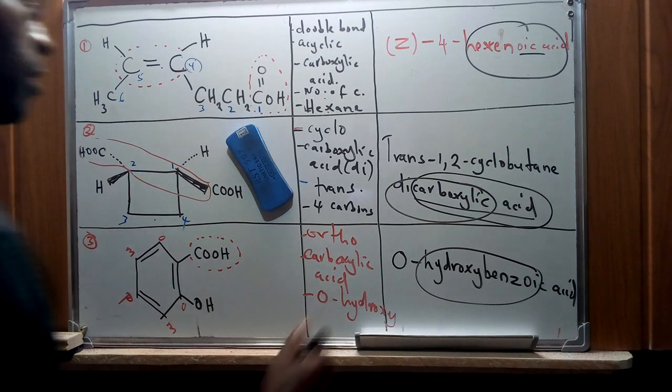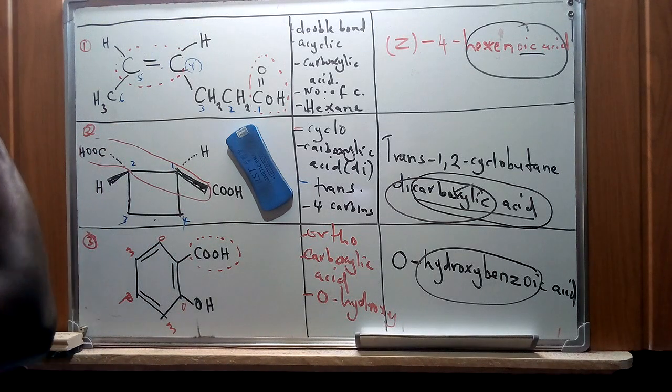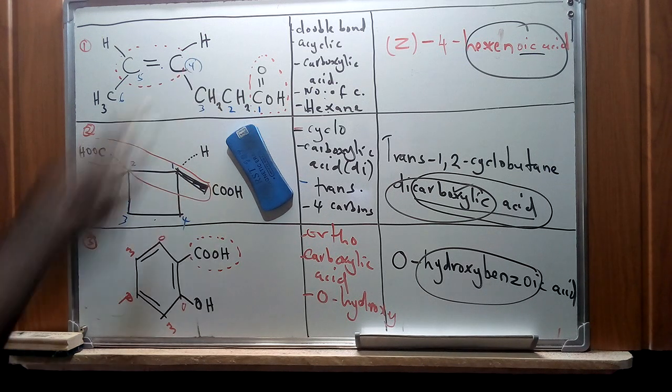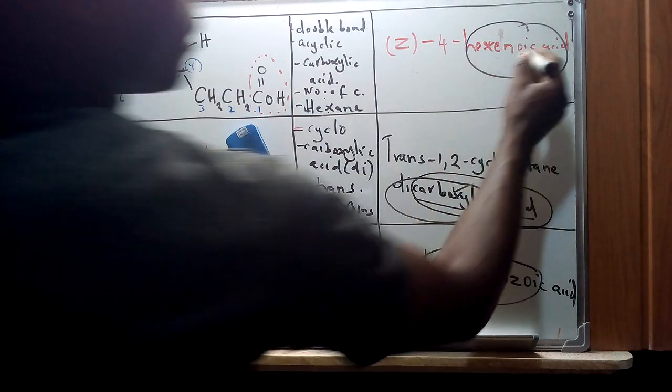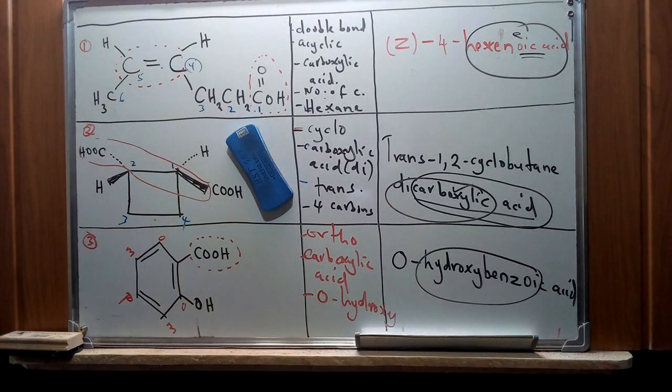For cyclic compounds, or carboxylic groups that have a ring in their system, we use the suffix carboxylic acid, whereas for the aliphatic ones we substitute the e with oic acid. That gives us a clue on how to name those acids going forward.